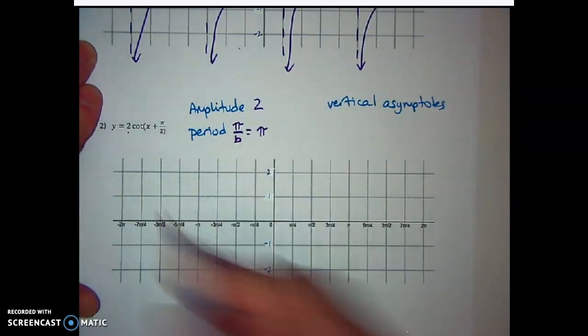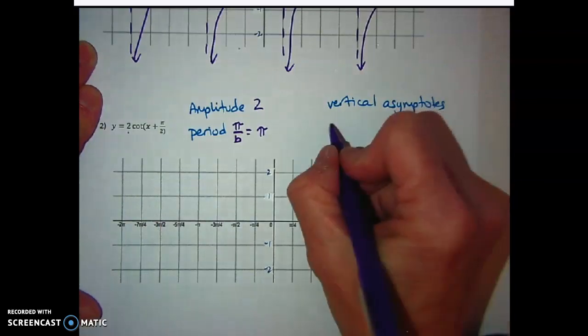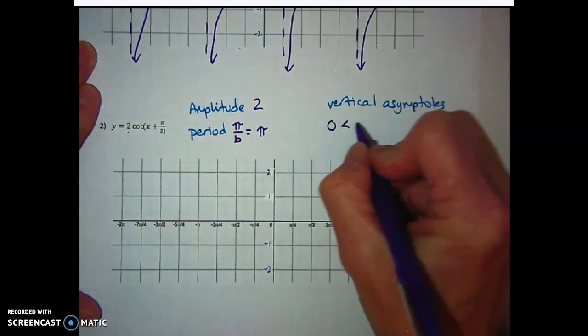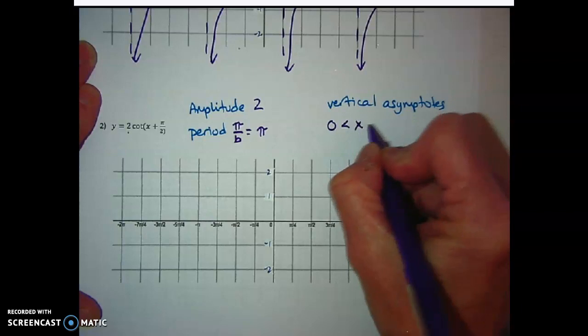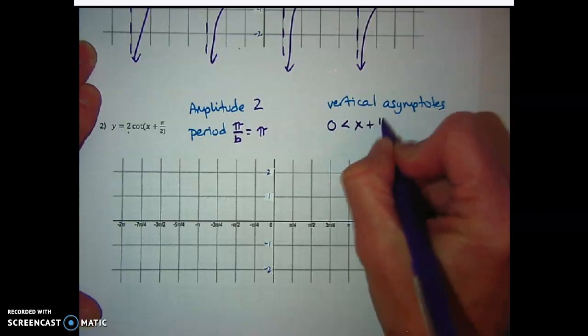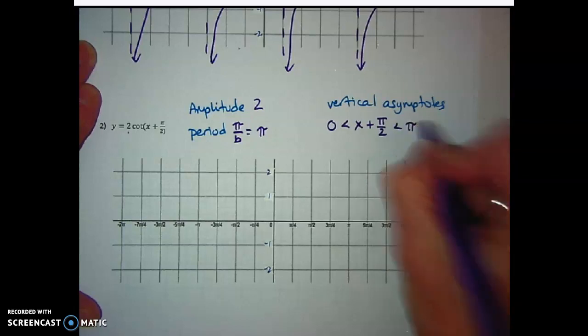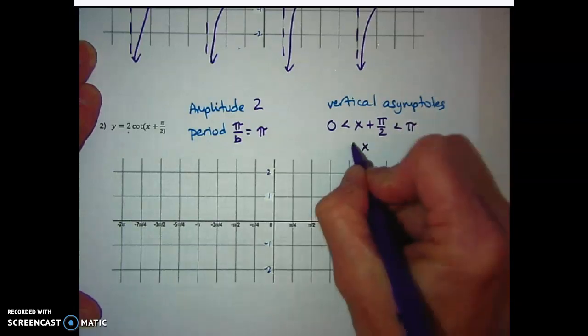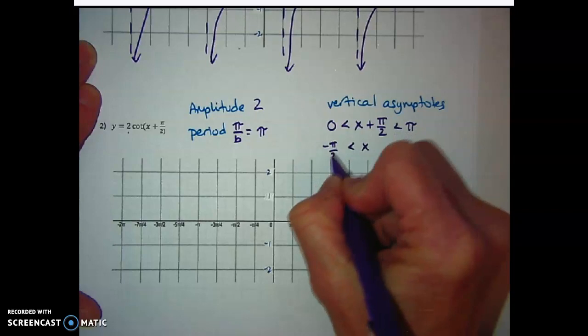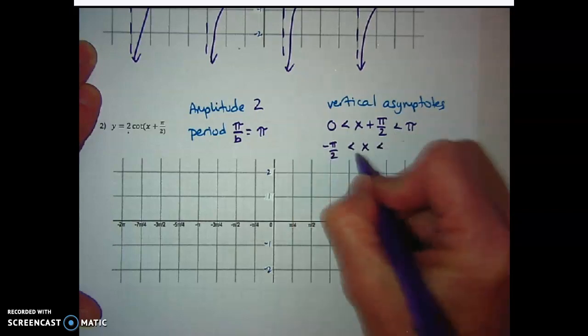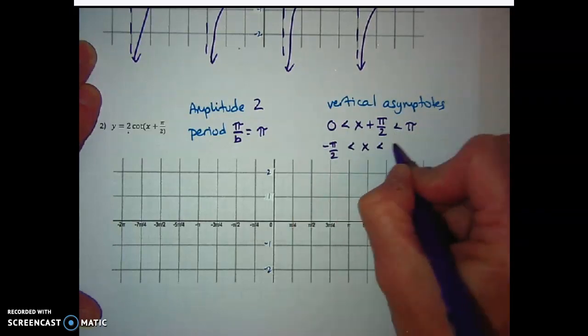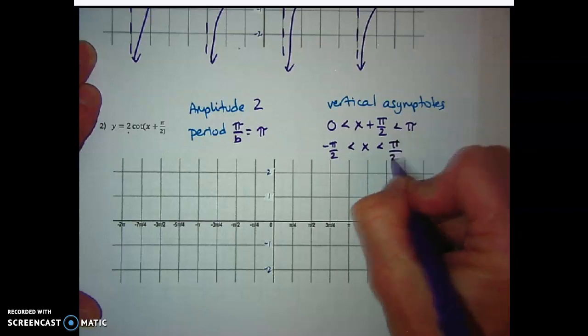And then remember, my sine is on the bottom, so I'm going to set up this compound inequality of 0 is less than x plus pi over 2 is less than pi. Then go ahead and solve that, and we get x is greater than negative pi over 2, and x is less than positive pi over 2.